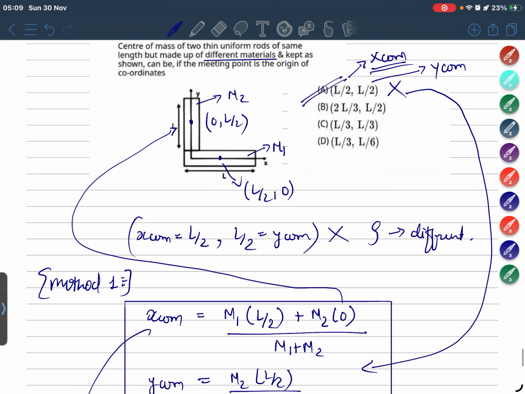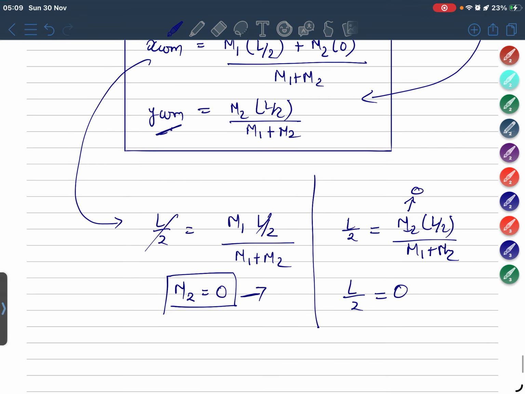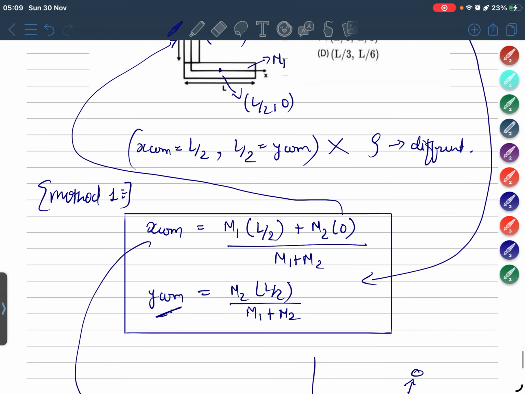And further our YCM is L by 2, so I am putting L by 2 in place of YCM in M2 L by 2 divided by M1 plus M2. But here we got M2 equals 0, so L by 2 will be equal to 0. Hence this option is incorrect since L by 2 can't be 0.